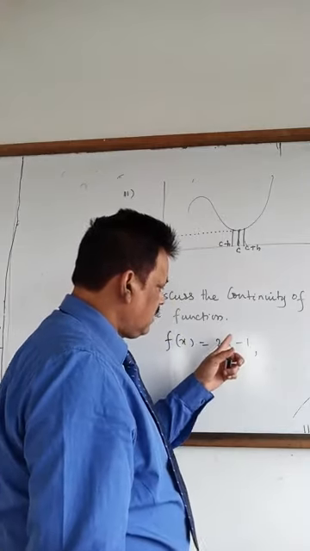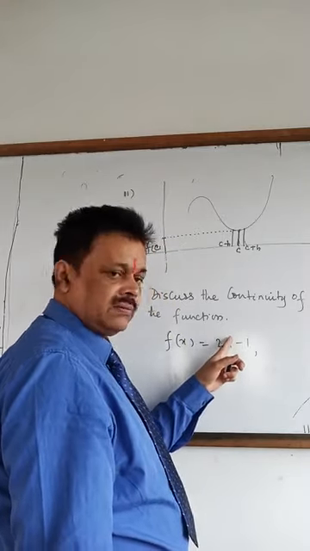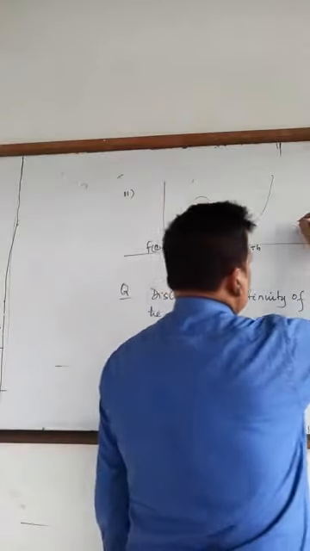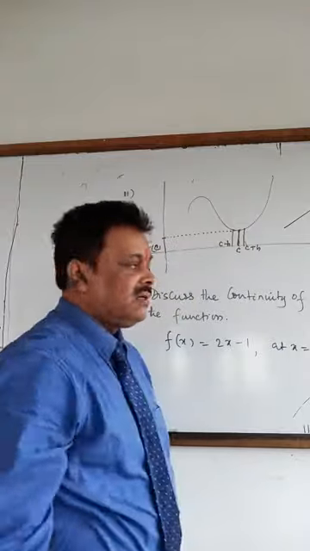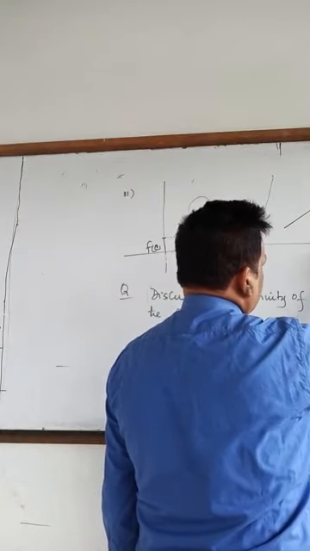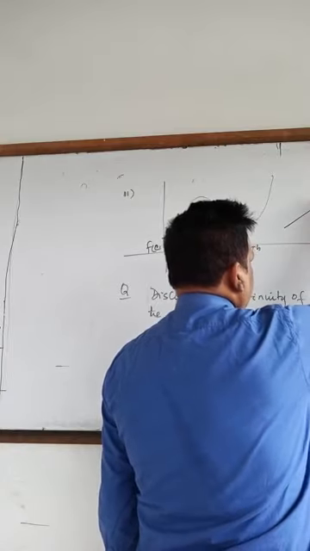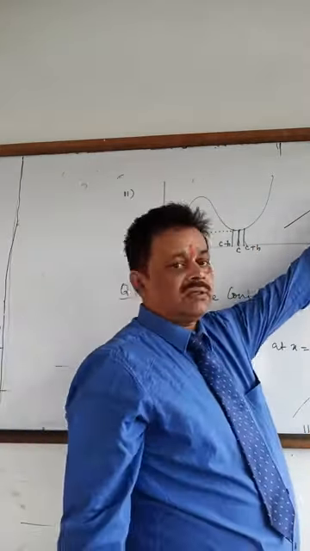Remember the degree is 1 here, at x equals 3. This is a straight line like this. 2x minus 1 will be a straight line. Then you are considering a point here which is x equals 3. So we have to check whether this function is continuous or not.